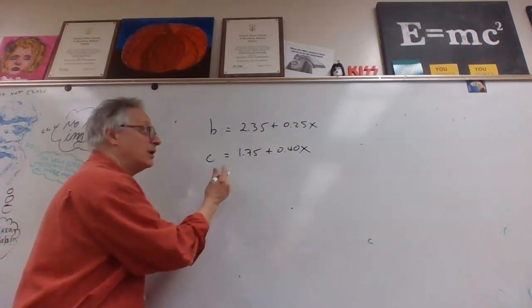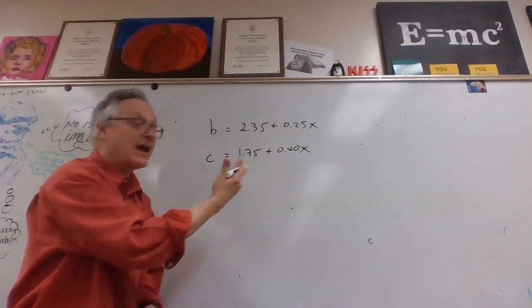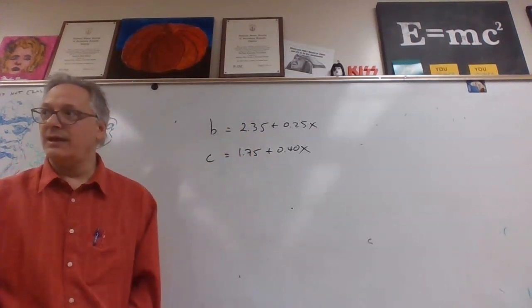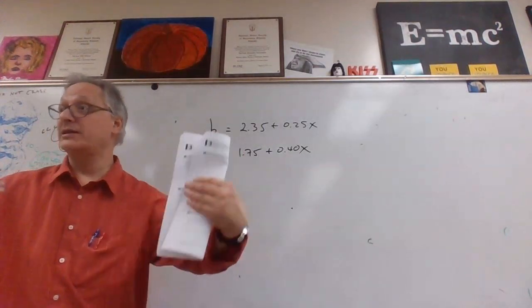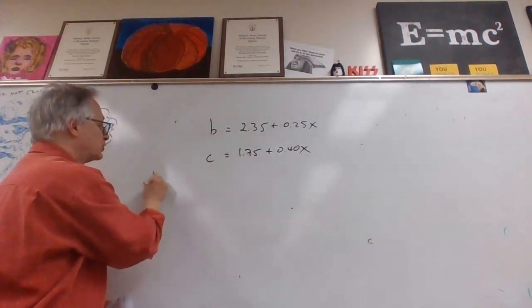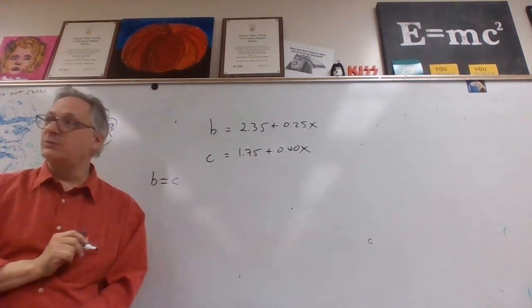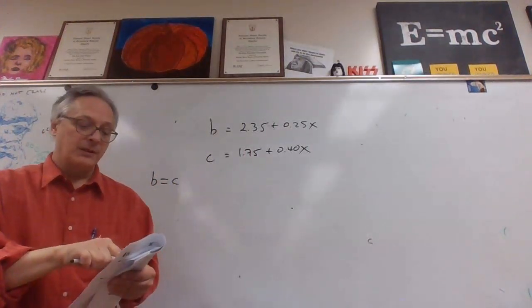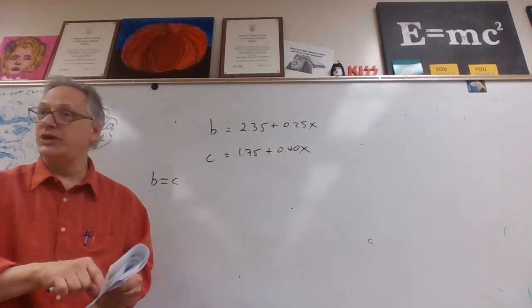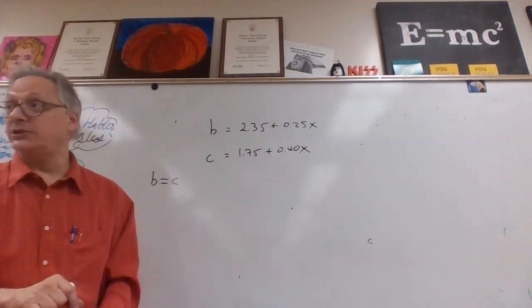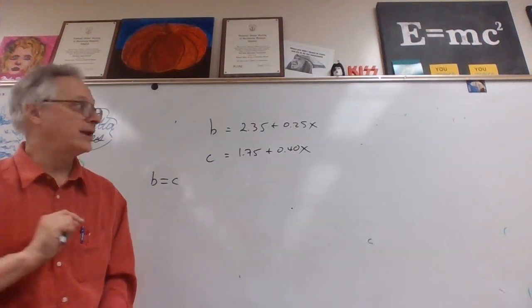And how are we going to solve for x? This is at the point where they're equal, where B is equal to C. They tell you the price per pound of beef when it was equal to the price per pound of chicken. So you set these two equal to each other, then solve for x.